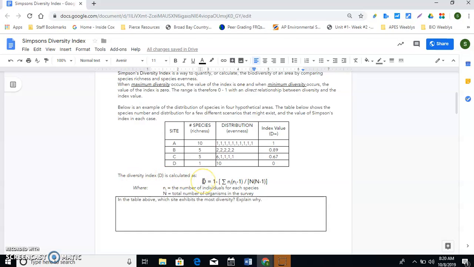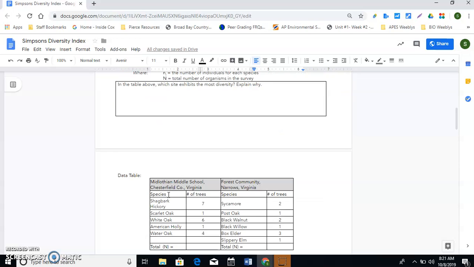We calculate it through here, where little n is the number of individuals for each species, and big N is the total number of organisms in the entire thing. Let's scroll all the way down to the back page.